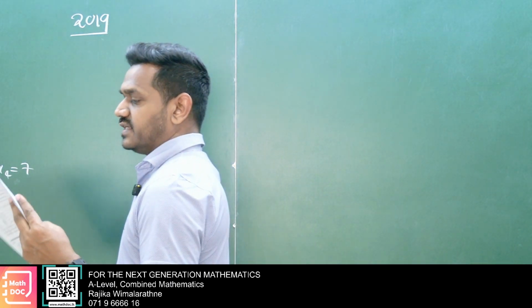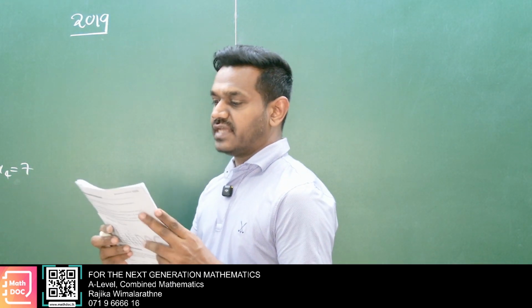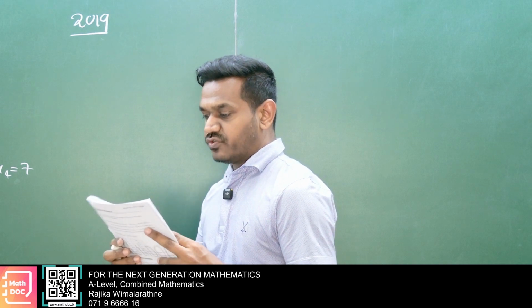In 2019: 5 positive integers, each of which is less than 5, have 2 modes, one of which is 3.